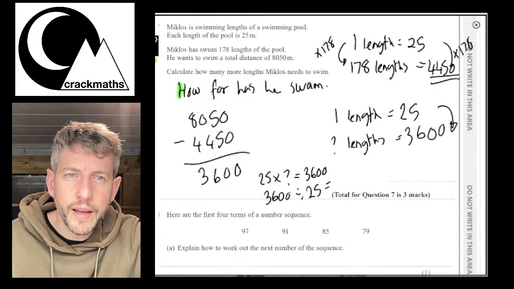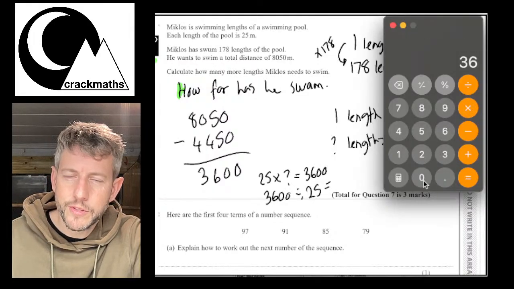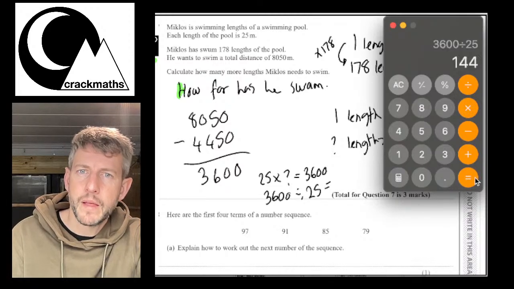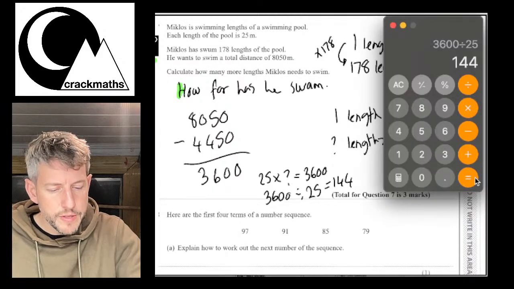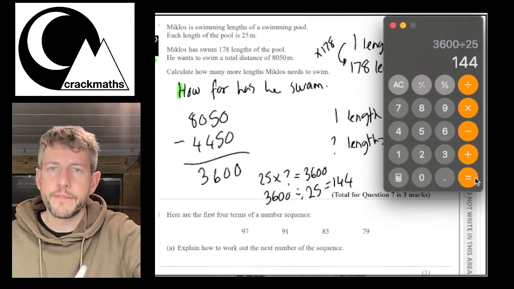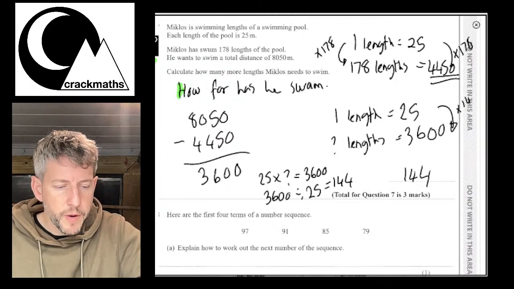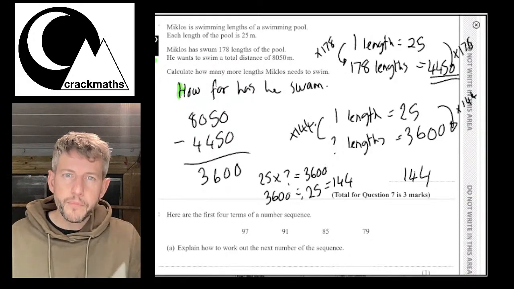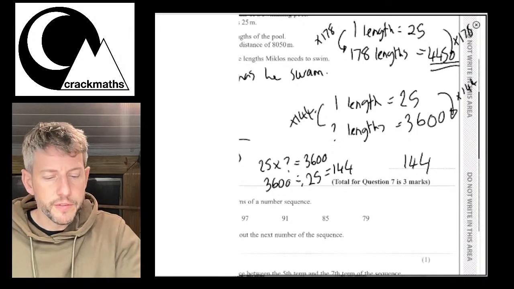And that equals 144. So he's got 144 lengths left to go, because what we've done is we've timesed both sides of this by 144. Okie dokie, right, let's have a look at the next question.